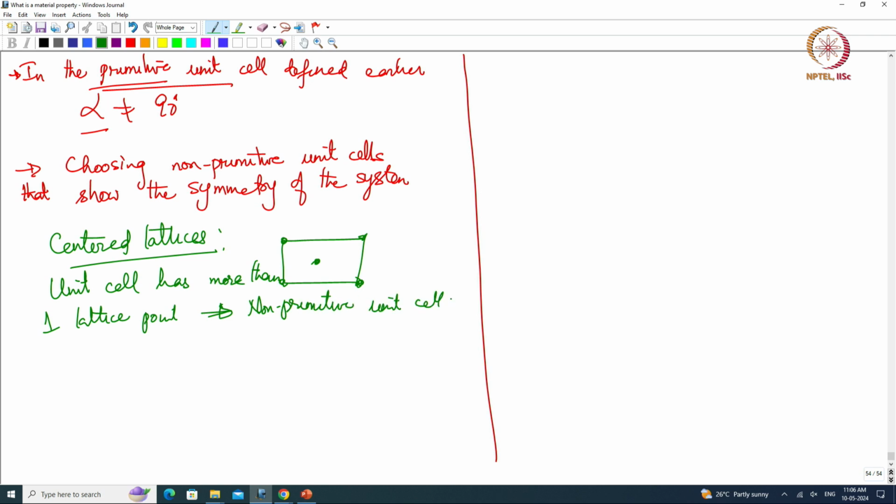But I am doing all this exercise because if there is an underlying symmetry, I should either be able to represent it as a primitive unit cell, which is one of these 7 unit cells that I have defined earlier, or if it is not possible to define a primitive unit cell, it is okay, I am going to increase the number of lattice points in my unit cell and define a centered unit cell.